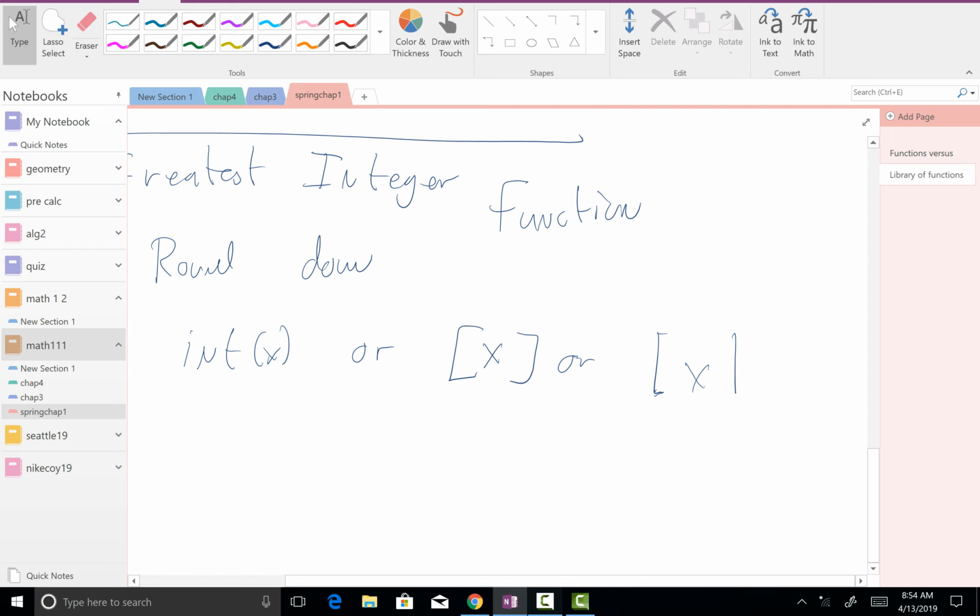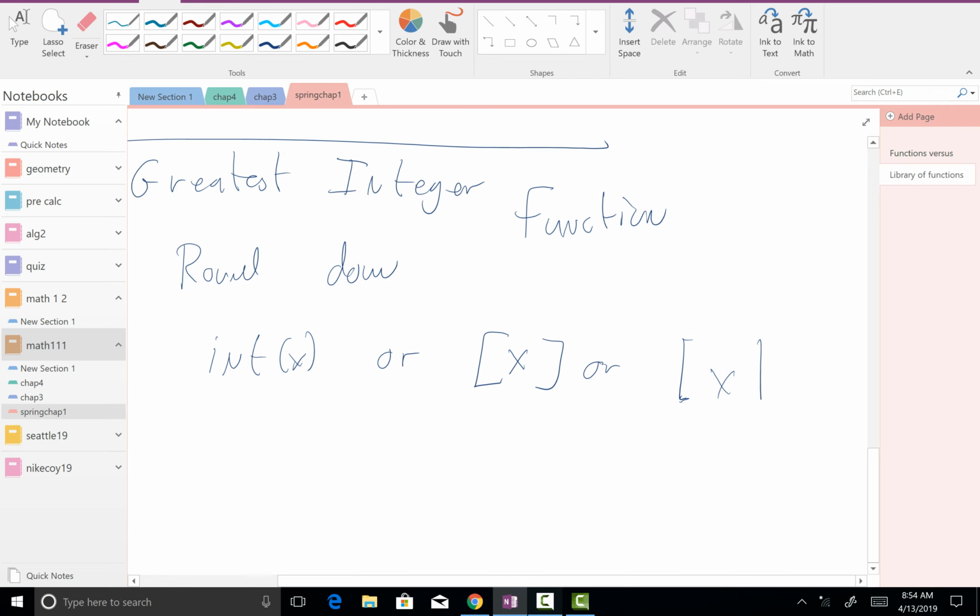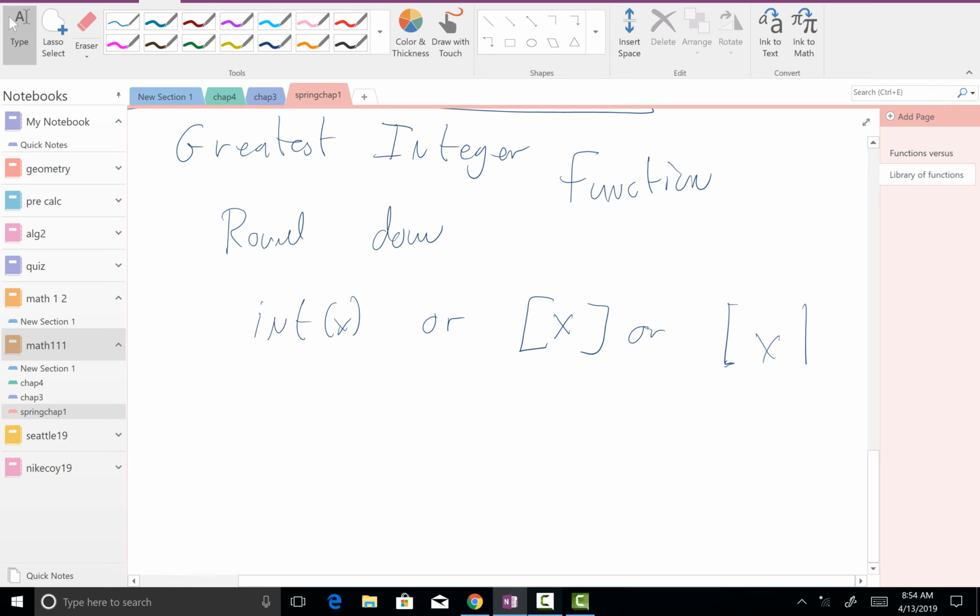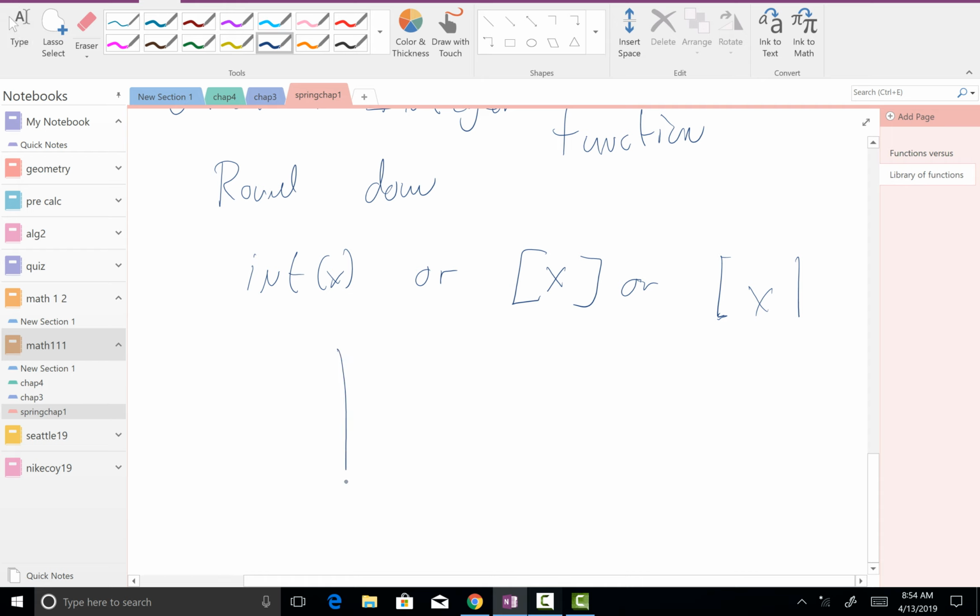But I thought I saw something different. Maybe that was a different book. Anyhow, the greatest integer function is going to look a lot like the floor one. So it looks like this. 1, 2, 3.